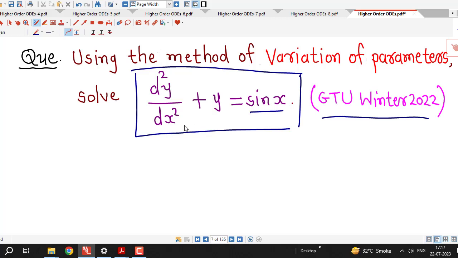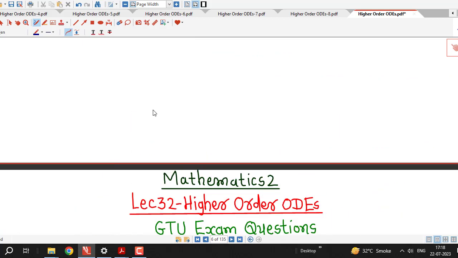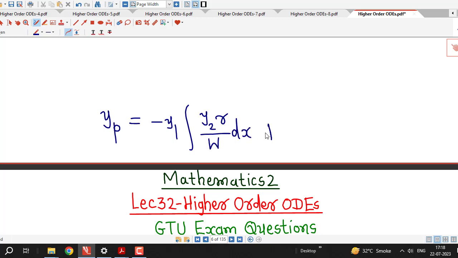To apply the method of variation of parameters, we should recall the formula for the particular solution, which is given by yp equal to minus y1 times integral of y2 times r over Wronskian with respect to x, plus y2 times integral of y1 times r over Wronskian with respect to x.